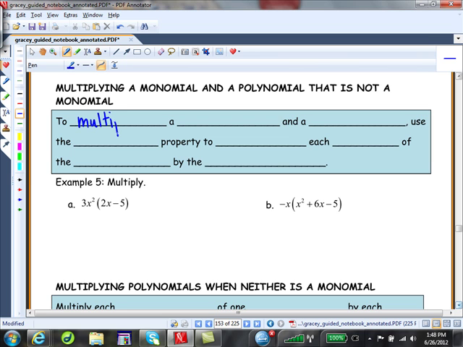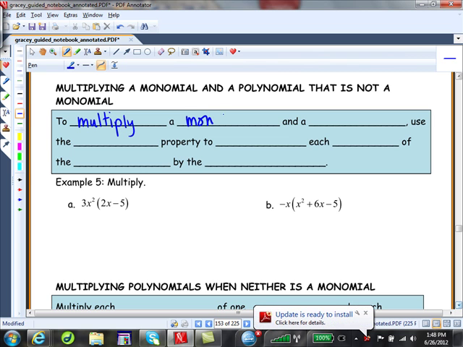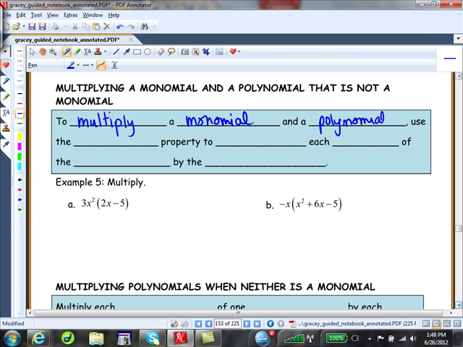To multiply a monomial and a polynomial, use the distributive property to multiply each term of the polynomial by the monomial.